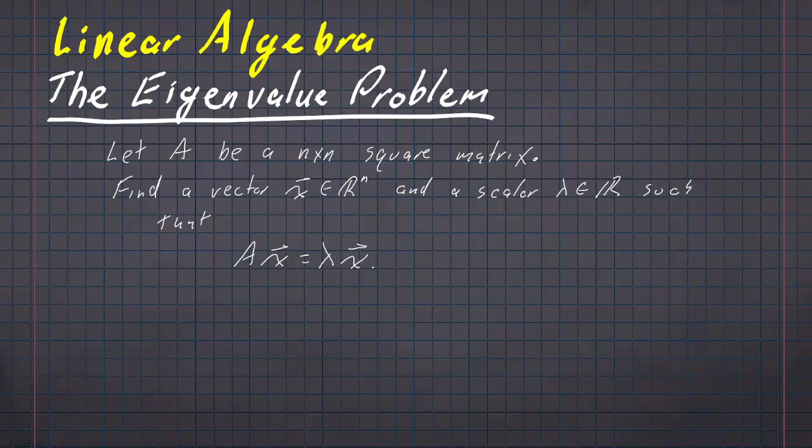And our goal is to find the vector and scalar so that when we multiply the matrix A times X, we get lambda times X. This is called the eigenvalue problem.